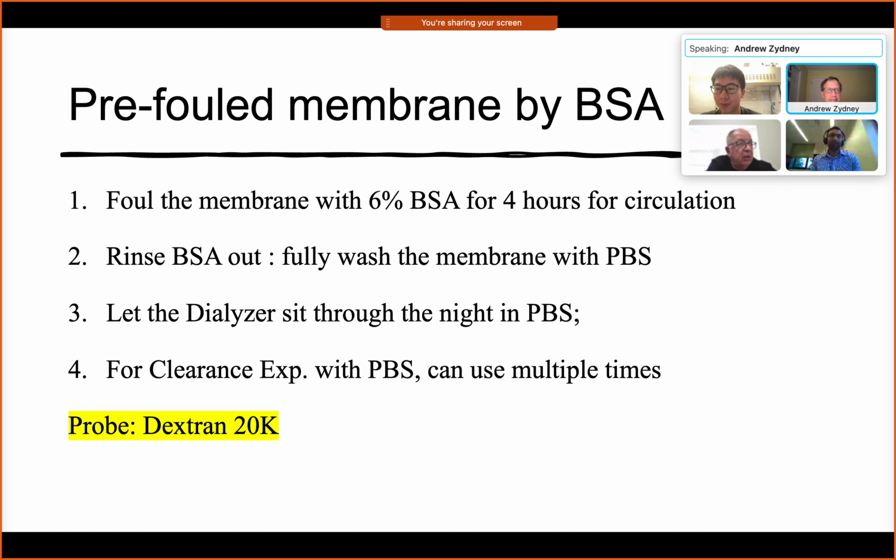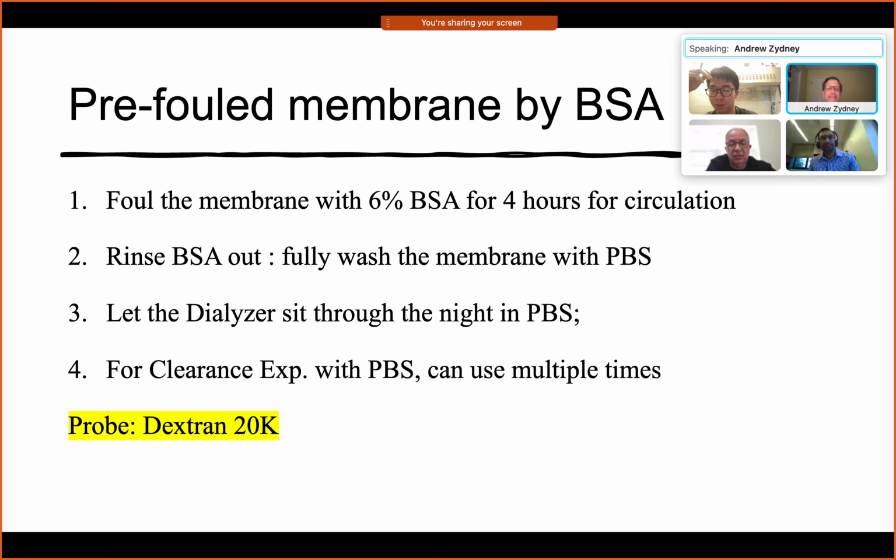But Andrew, if this filter is going to be used in acute care, it could be very long. Yeah. But if you're recirculating the BSA, that's not quite the same as pumping blood that is in a patient for long periods of time.